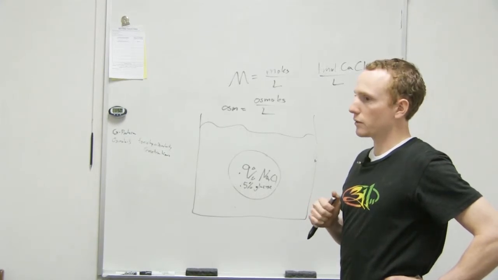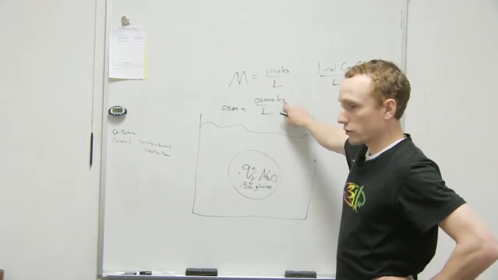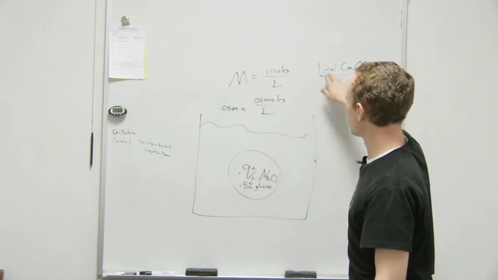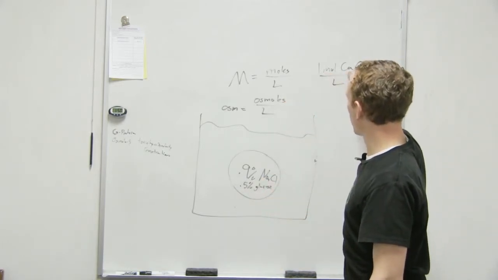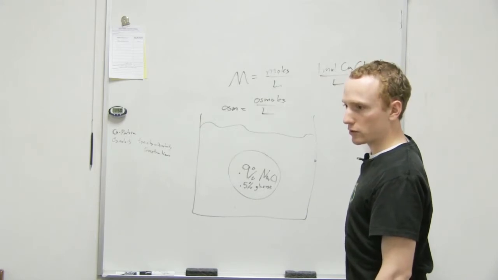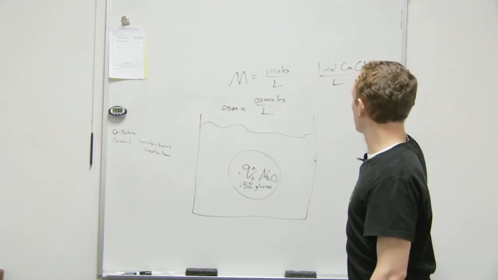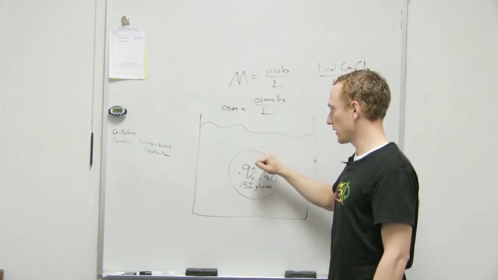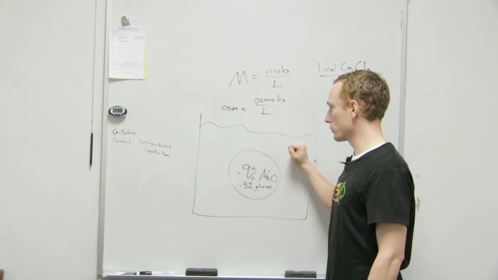Not the osmotic pressure, the osmoles. So rewind. Remember how I told you 1 mole of calcium chloride? How many particles? 3. Okay. So I'm saying the number of particles in here versus the number of particles over here.